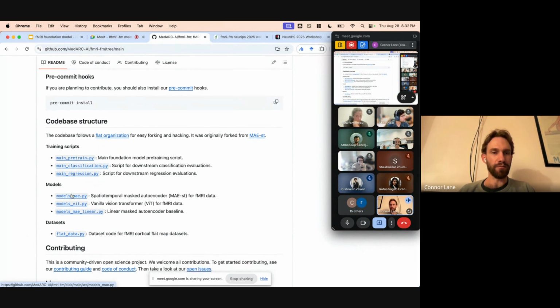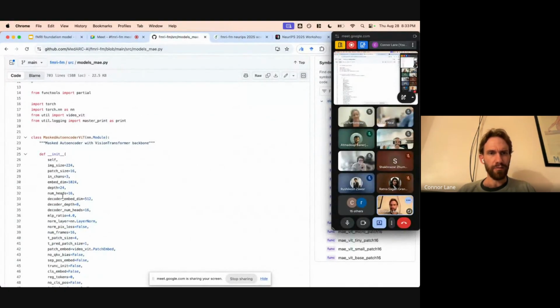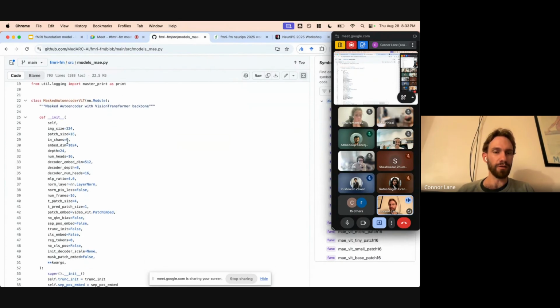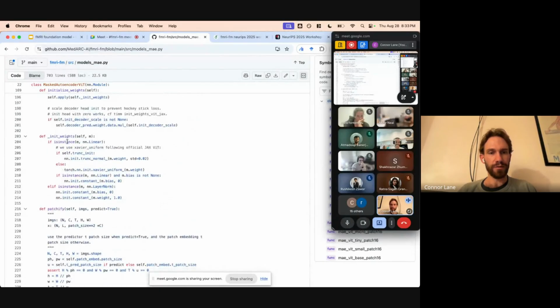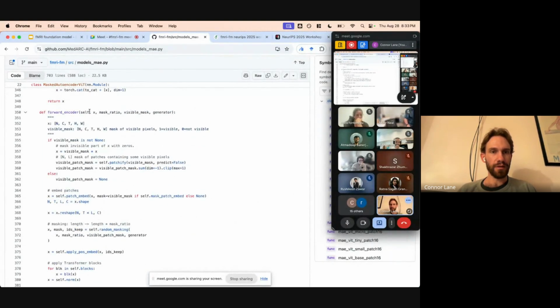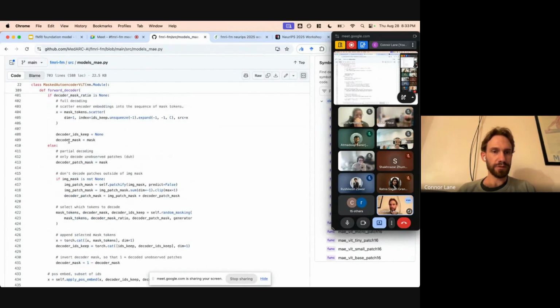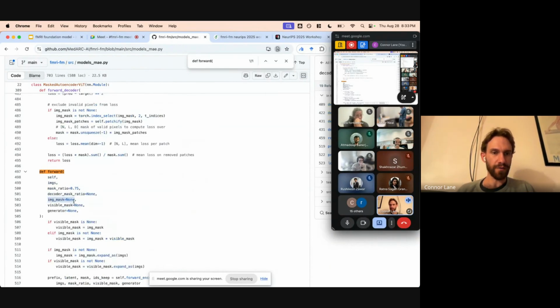And then there's some model implementation modules, the most important of which is obviously the MAE model. This is basically a copy of the original MAE model implementation from the original code base with a few small changes. Basically, the only important change that needed to be made is the introduction of these masks.